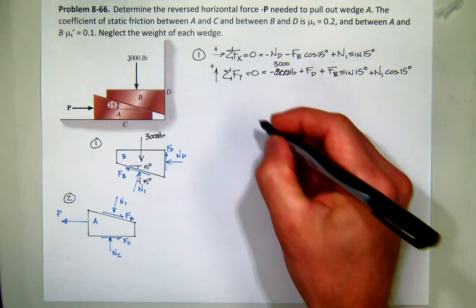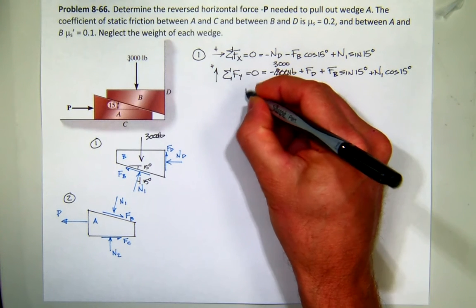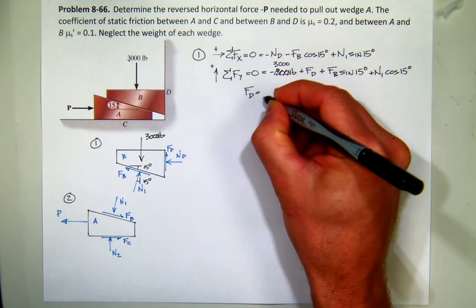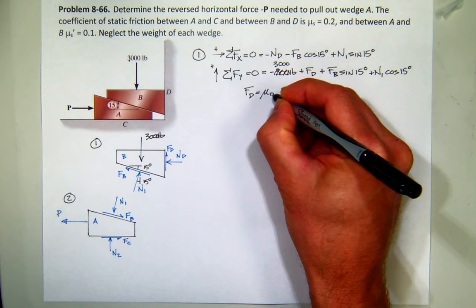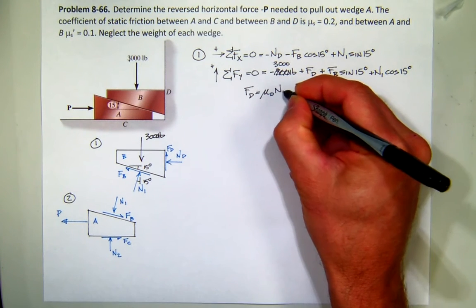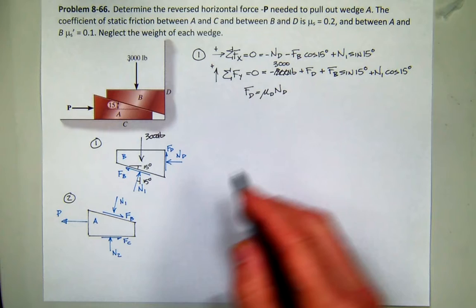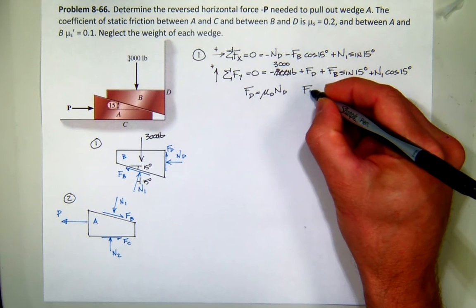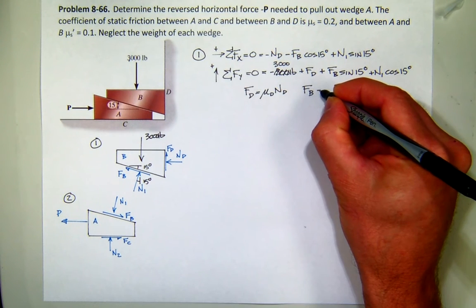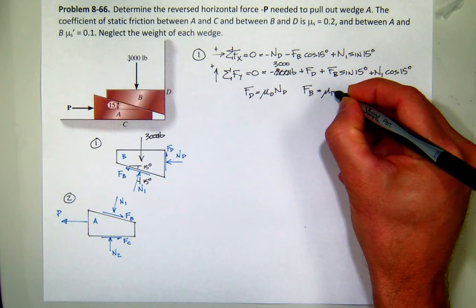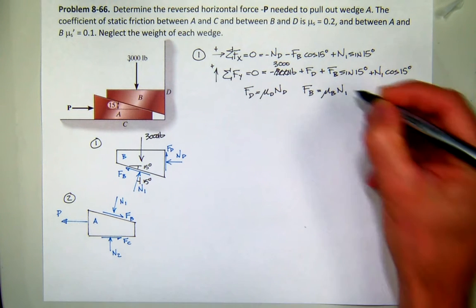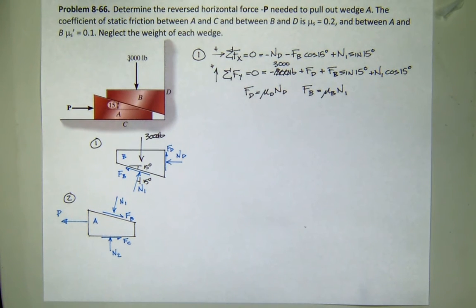But remember that the friction force at D is related to the normal force at D, because we have that additional equation. And also we know that the friction force at B is related to the normal force at 1. So if we take our time, we should be able to solve this.